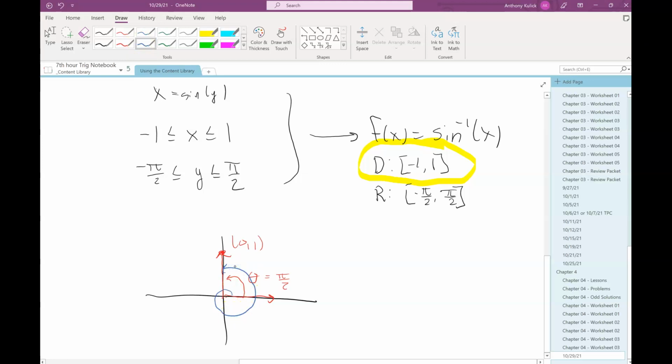Wouldn't that angle also give us the sine of 1? Or that angle? So our sine inverse has a downside here in that it's not going to give us all the values for sine, or all the angles where sine is going to equal 1.